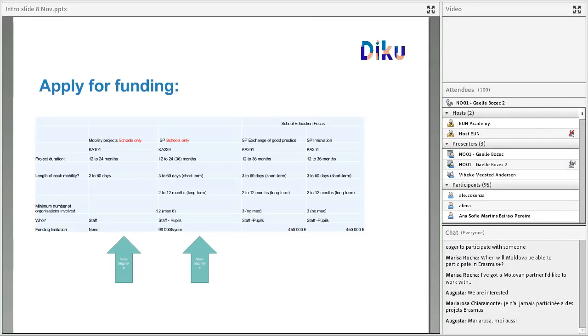So the minimum number of organizations involved is only one. The exception is if you apply as a consortium, then there might be several. But if someone is interested in hearing about consortia, that might be session 5 in this MOOC, because that's a bit different to administrate.